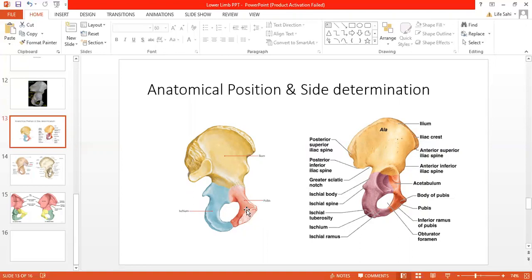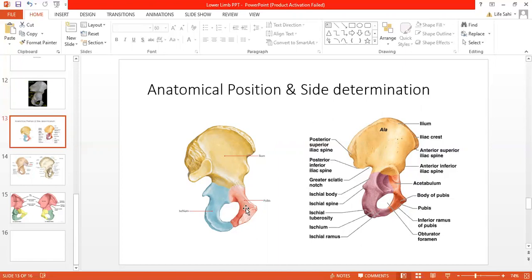So this is the body of the pubis, which is basically forming the anterior boundary of the obturator foramen. This body of the pubis is supposed to have two surfaces.